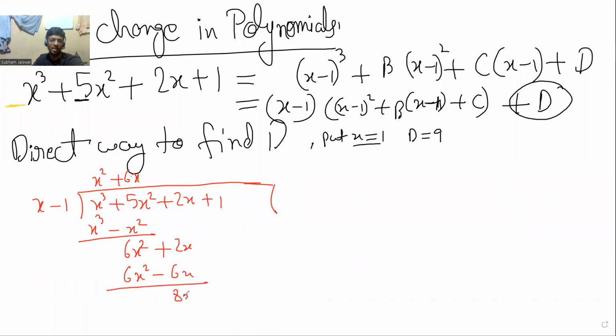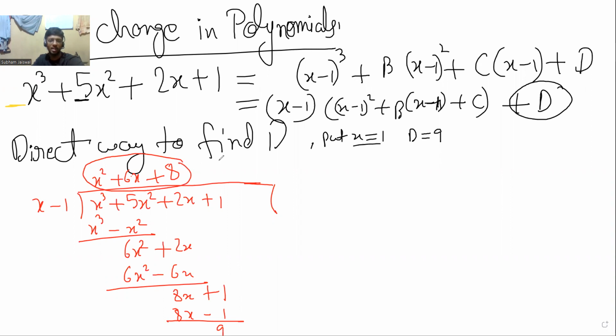You get 8x, then you get 1. I'm just matching the answer. If I'm going wrong, tell me. Oh no, it's correct. I'm correct. And you subtract, you get 9. 9 is the D, that's fine. But this is the quotient.